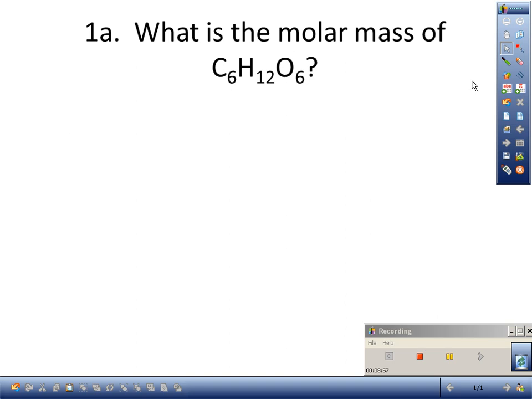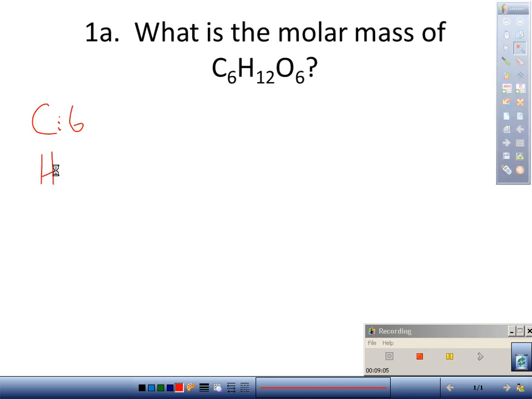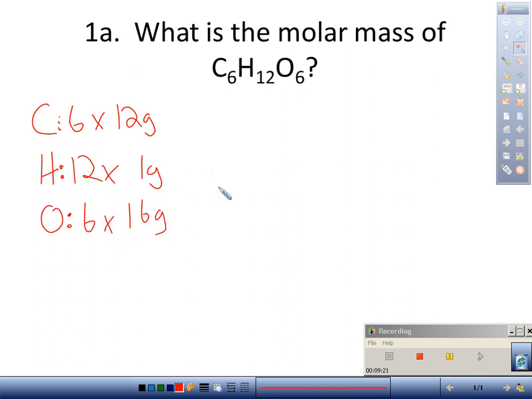The molar mass of this, I have 6 carbons, I have 12 hydrogens, I have 6 oxygens. I go to my periodic table, I look up carbon. It tells me it's 12 grams for each one. My hydrogen is 1 gram, and my oxygen is 16 grams.